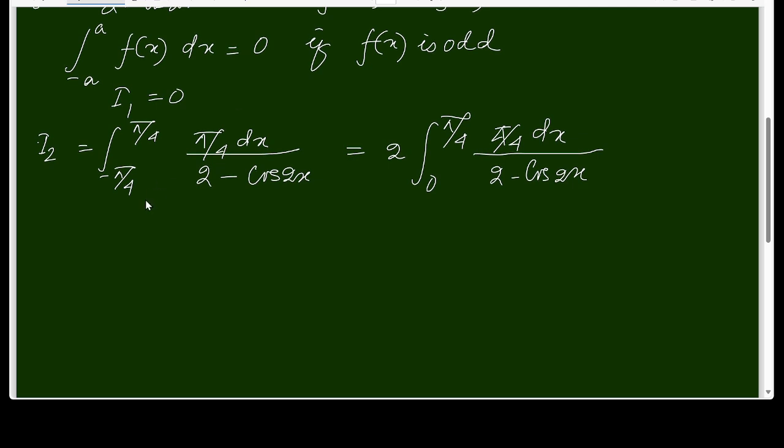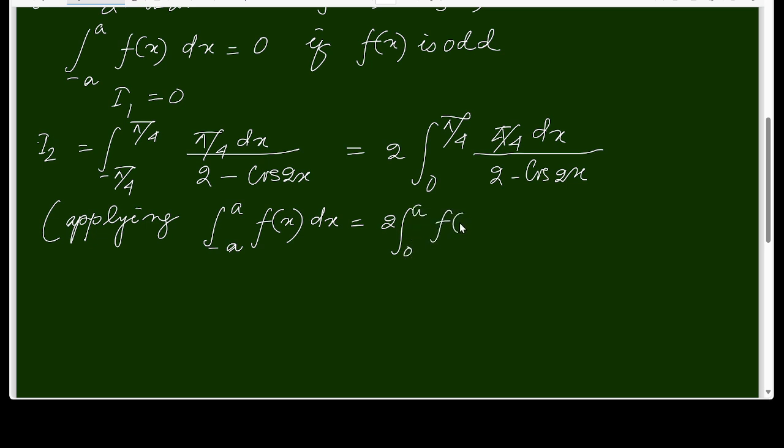What property are we applying? That the integral from negative a to positive a of f(x) dx is the same as 2 times the integral from 0 to a of f(x) dx if f(x) is an even function. It means when f of negative x is the same as f(x).